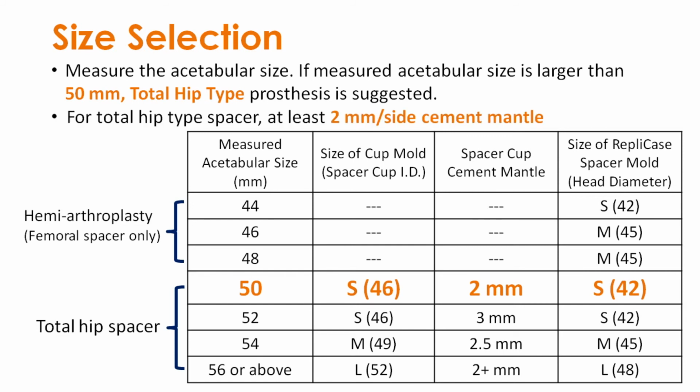When total hip spacer is chosen, at least a 2 millimeter cement mantle on each side is required. For example, a small-sized cup mold is chosen for the 50 millimeter acetabulum. Then a spacer cup with 50 millimeter outer diameter and 46 millimeter inner diameter will further be shaped. For the femoral part, an S-sized spacer case is utilized to make a corresponding femoral cement spacer.